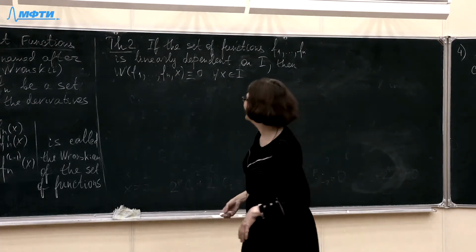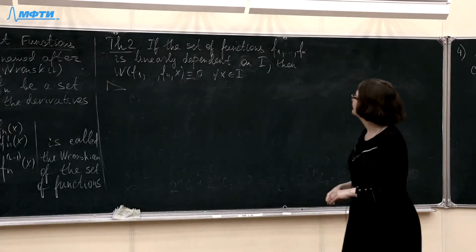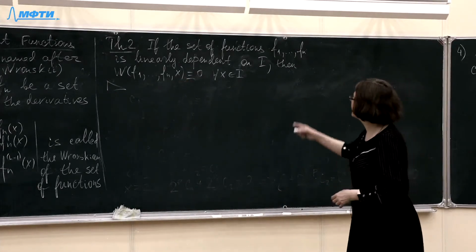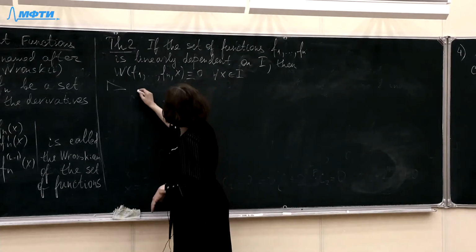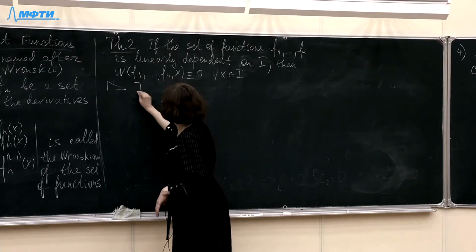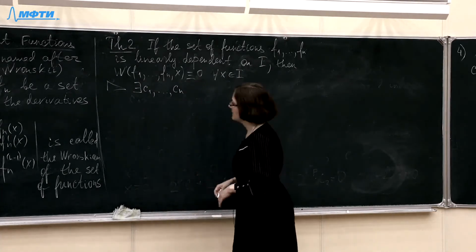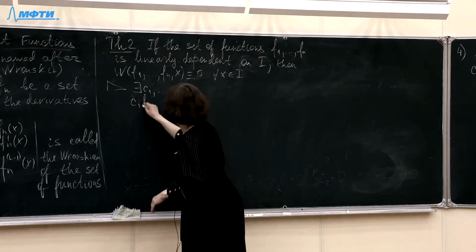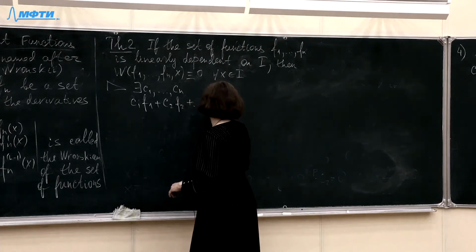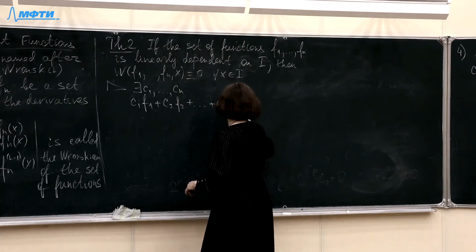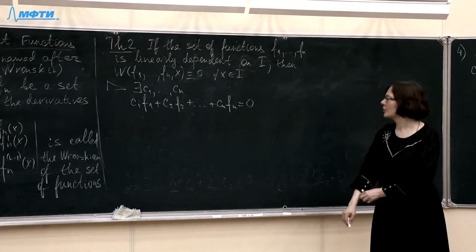Okay. Let's prove it. Suppose the set of functions is linearly dependent. This means that there exist constants such that C1 f1 plus C2 f2 plus and so on plus Cn fn equals 0 for any value of x from the interval.